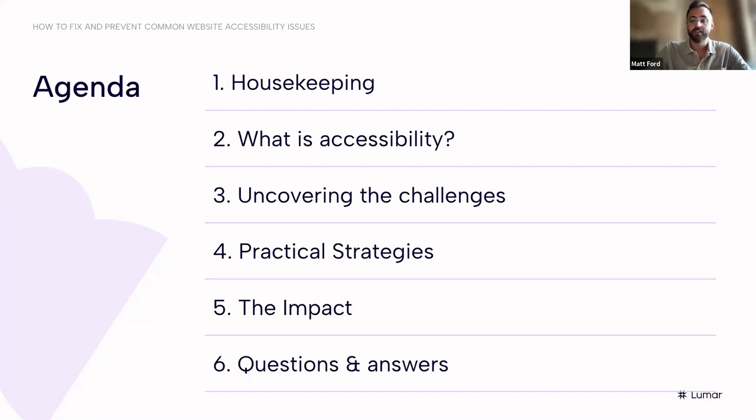Then some practical strategies for approaching solving your website accessibility issues. And finally, once you've made the changes and fixed those issues, what's the impact of that on the end user? We will have some time at the end for Q&A.